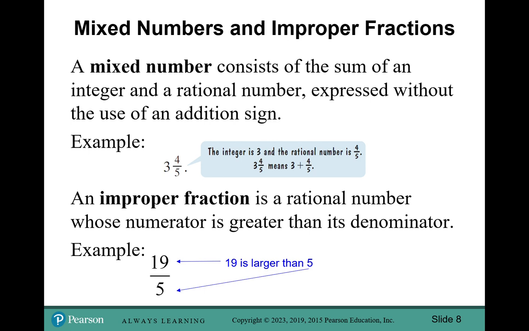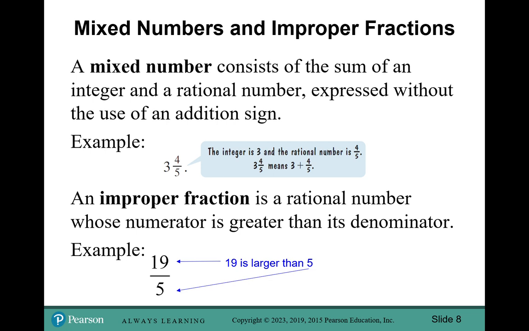Let's look at mixed numbers and improper fractions. A mixed number consists of the sum of an integer and a rational number expressed without the use of an addition sign. Example, 3 and 4/5. The integer 3 and the rational number 4/5, written as 3 and 4/5, means 3 plus 4/5. An improper fraction is a rational number whose numerator is greater than its denominator.